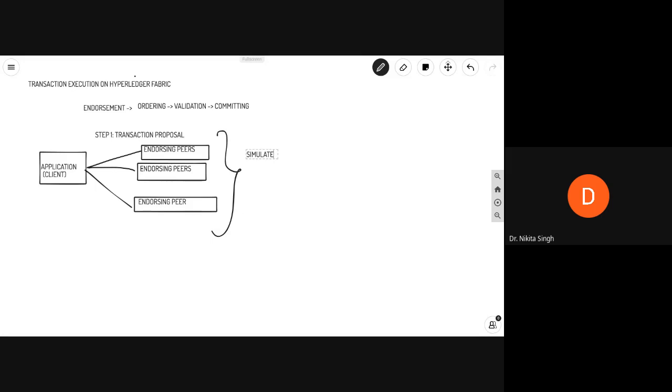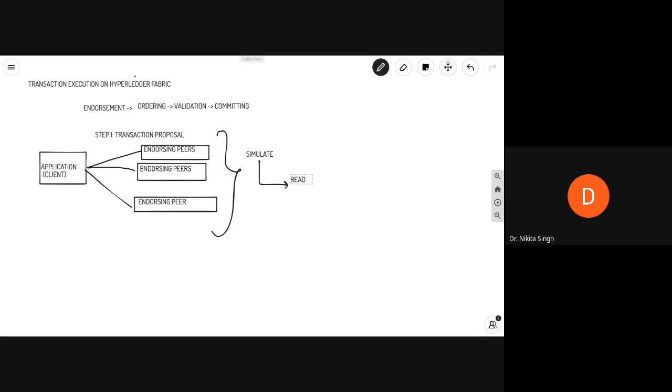The endorsing peers will simulate the transactions, and what this simulation will achieve is that it will tell them what is being read from the blockchain and what is being written to the blockchain.